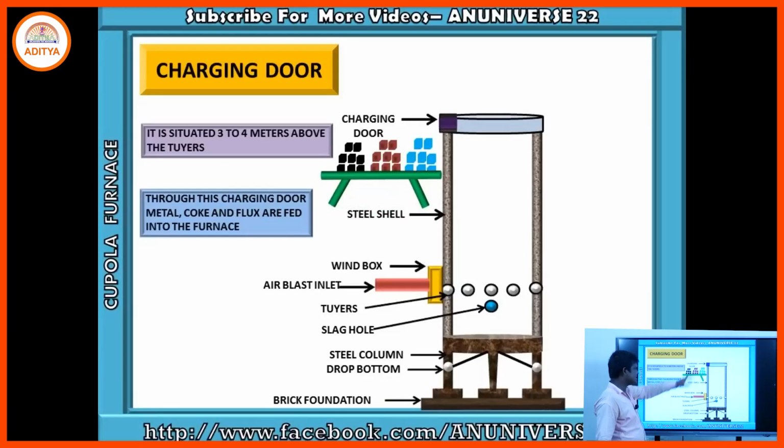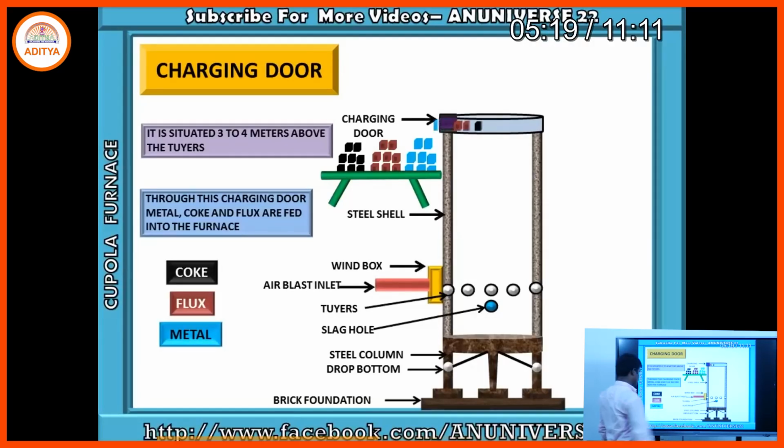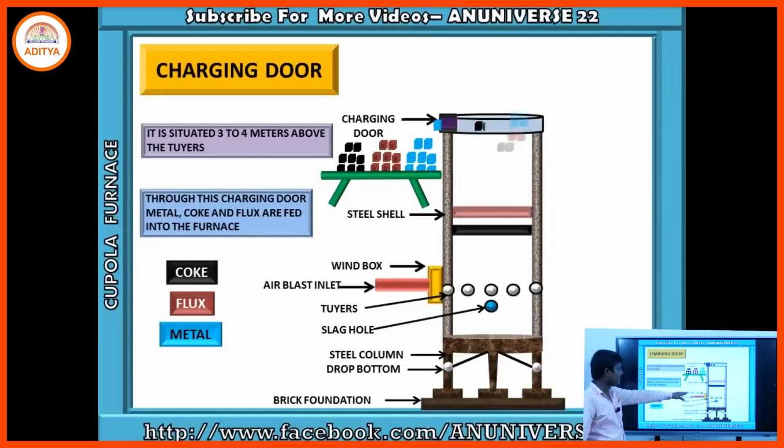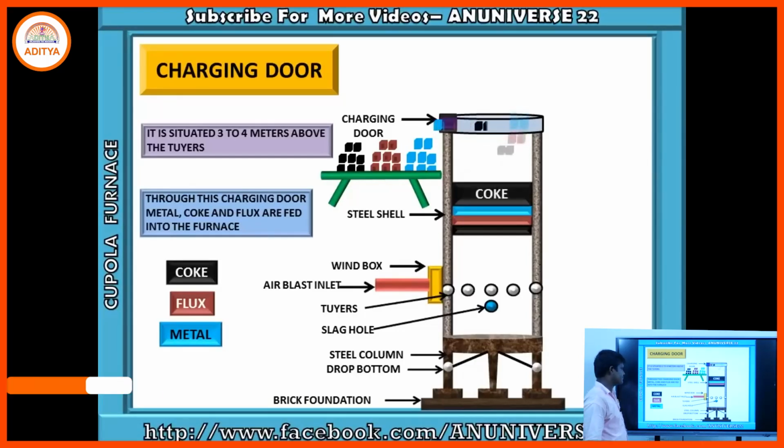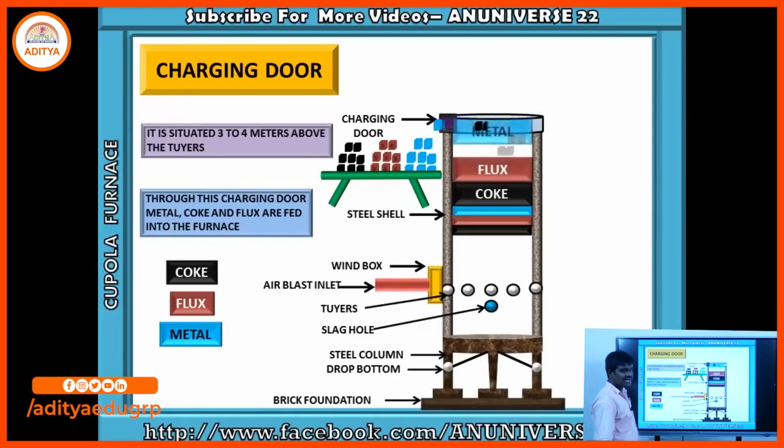Those are the charging materials: metal, flux and coke. Through the charging door we send the charge to the cupola furnace, and it accumulates layer by layer.